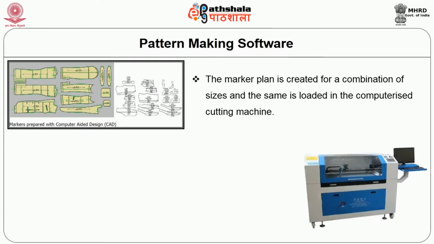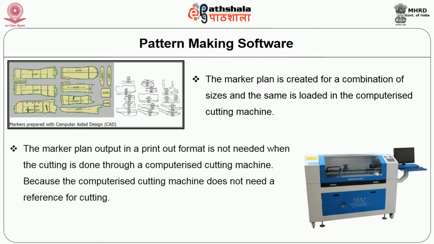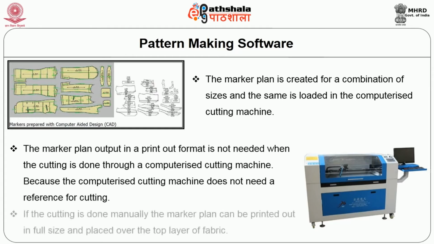The marker plan need not be in printed format when the cutting is done in a computerized cutting machine, because the machine does not need a reference for cutting. If the cutting is done manually, the marker plan can be printed out in full size and placed over the top of the layer for the cutting master to view.